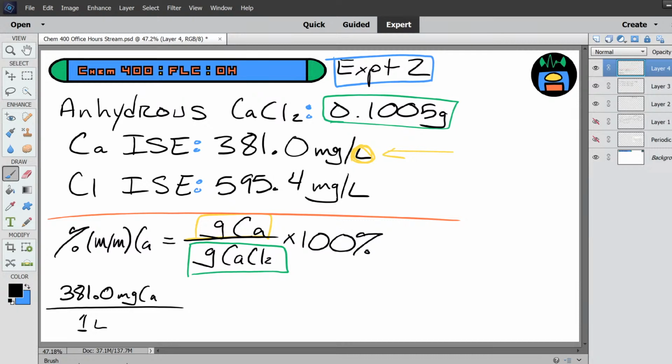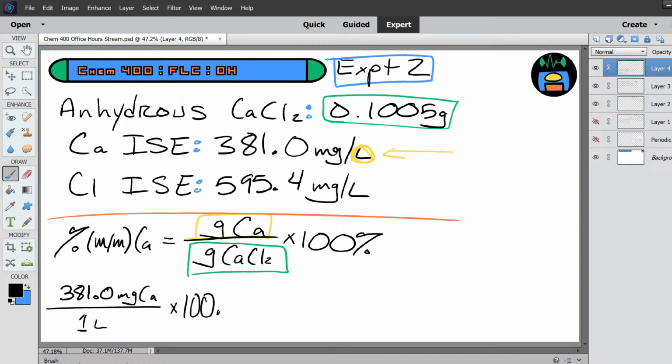And that is where the 100 milliliter volumetric flask comes in, right? And I talked about this in the lab lecture that I did a couple days ago. This solution was made in a 100 milliliter Erlenmeyer flask.